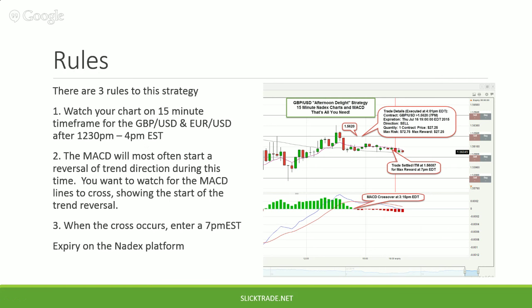The MACD will most often start a reversal of trend direction during this time. You're going to watch for those MACD lines to cross. This is the crossover. So they're separated, they cross here. And when the cross occurs, enter a 7 p.m. Expiry on the Nadex platform.